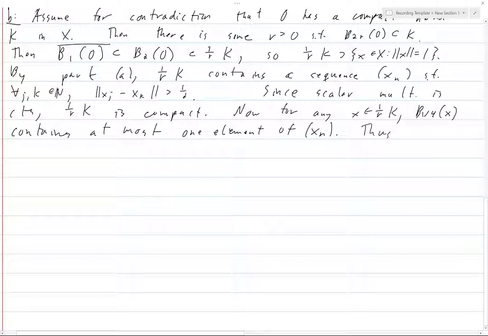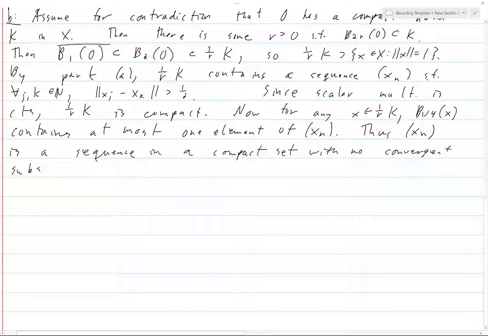So thus, what does that mean? xn is a weird sequence because it is a sequence in a compact set with no convergent subsequence. But this is a contradiction, because we know that sequences in compact sets have to have convergent subsequences.